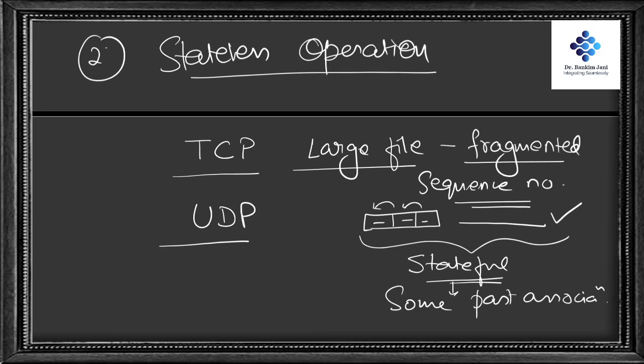Now when we talk about stateless, this is like UDP. It is like a postcard, whether it has reached or not, no trace. Same way, UDP is stateless. Whatever is getting sent is sent, fine, whether it reaches or not, that's an entirely different thing. But the point is, there is no correlation with the past.